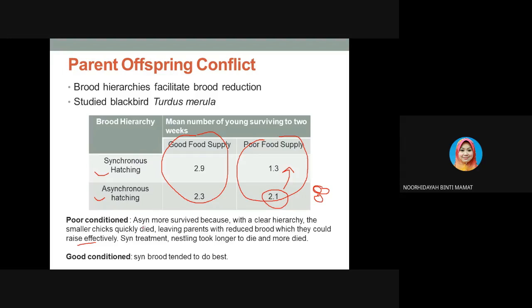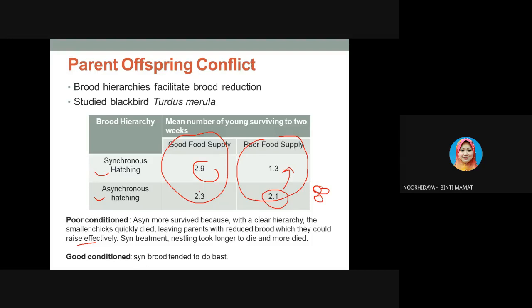For synchronous hatching, the nestlings took longer to die and more died in the poor food supply conditions. While in the good conditions of food supply, as you can see from here, synchronous hatching tended to do the best compared to asynchronous hatching.